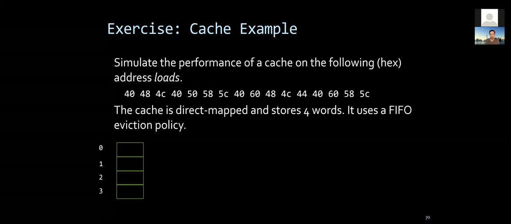The last 2 bits are not relevant to the index because remember, if you map 40, 41, 42, 43, they all map to the same block. They are all still stored in this block, right? So the last 2 bits just show you the offset within the block.